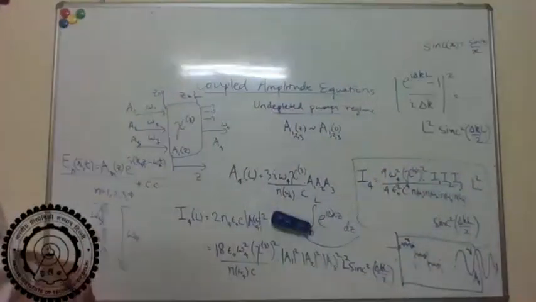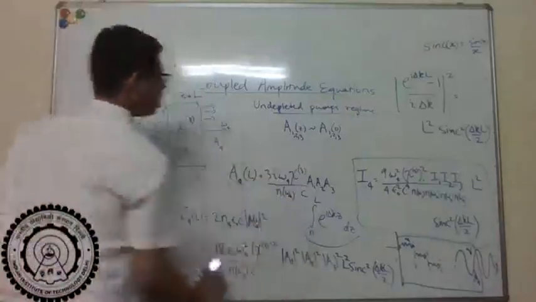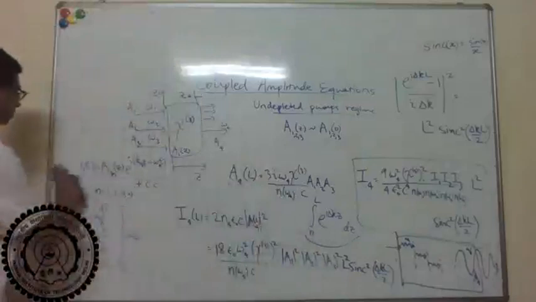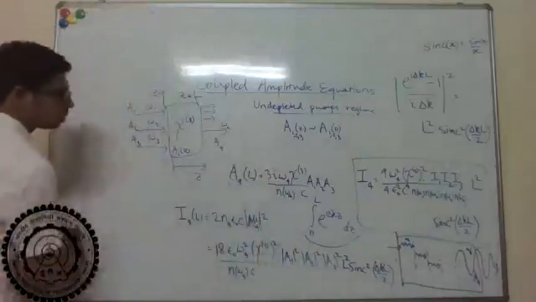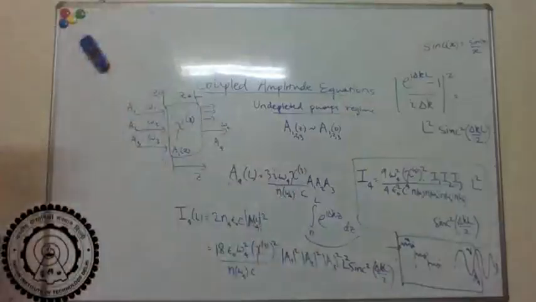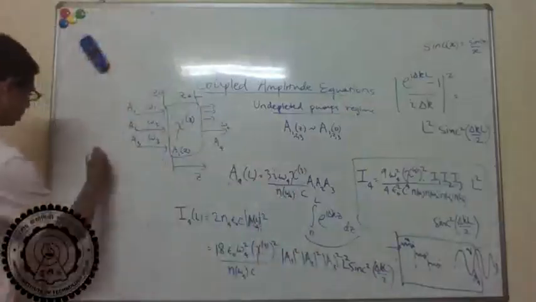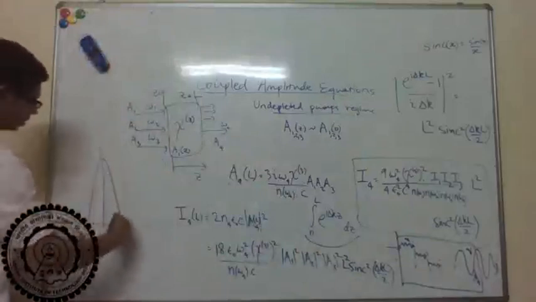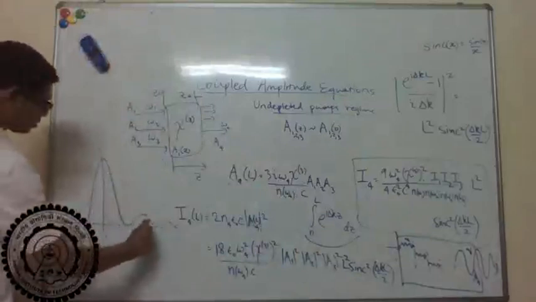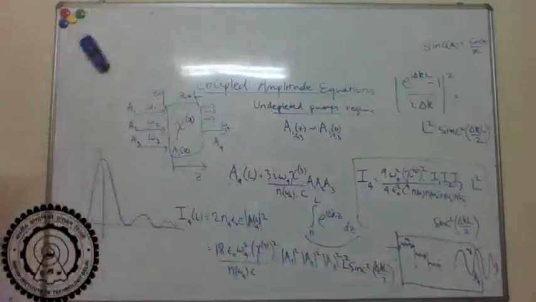Okay. So if you plot this function, sinc square, I'm sure you must have seen it in some context or the other. So basically, if you plot sinc square, it peaks at 0, and then it goes rapidly down, and this has some small side lobes.